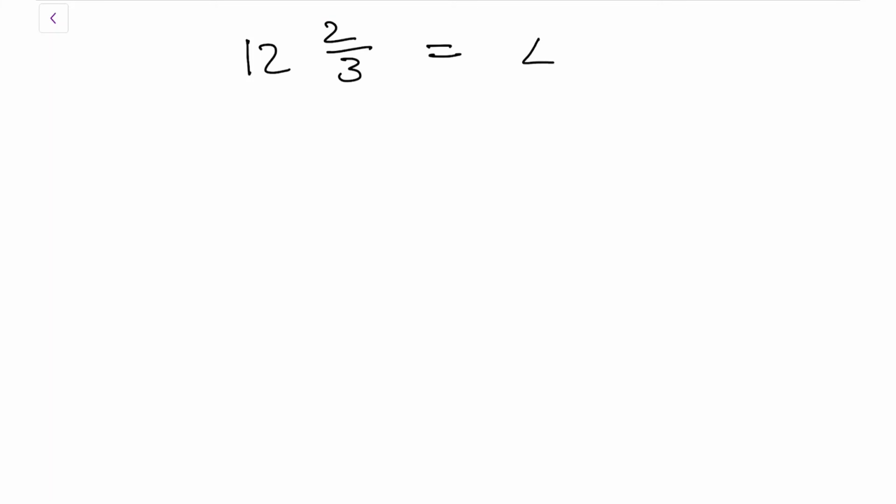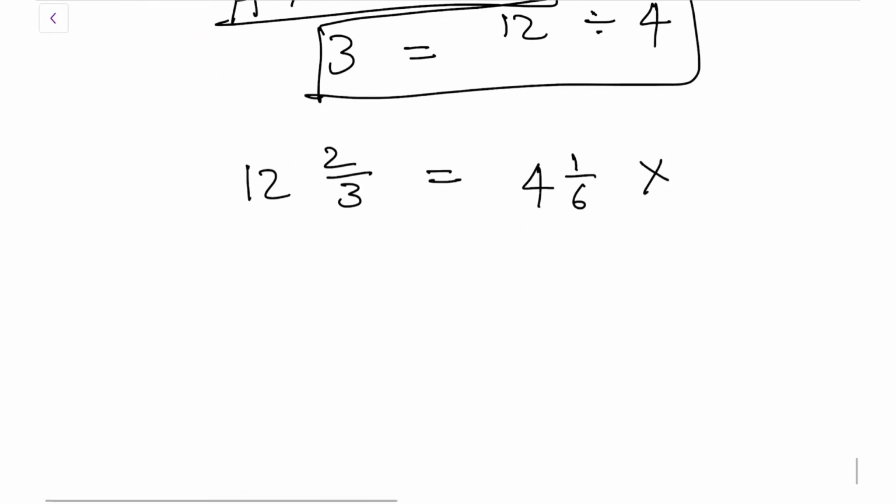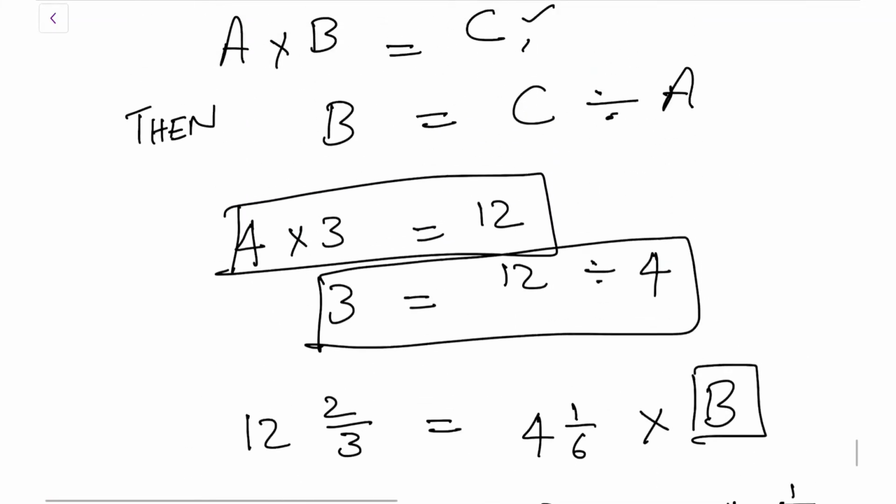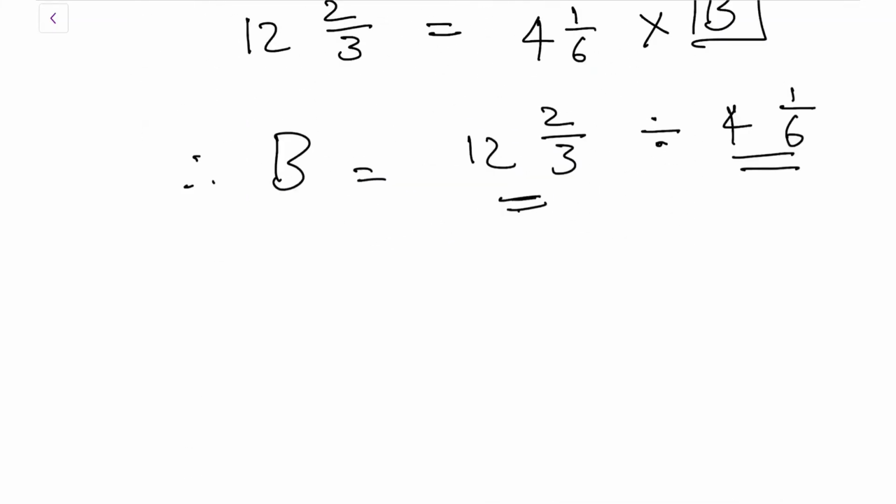So that is 4 1/6 into, you don't know the other number, so let's keep it as B. If you have to find out B, therefore B is equal to 12 2/3 divided by 4 1/6. This is the formula that we have used. Now this is a division problem. How do we do that?